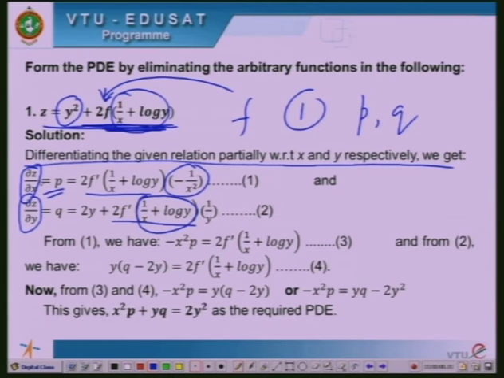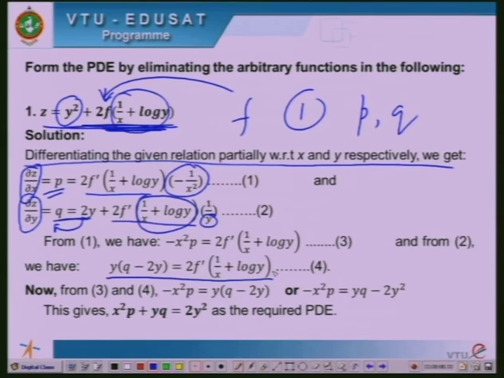So, you get minus x square p equal to 2 into f dash 1 by x plus log y, and from equation 2, for easy simplification, shift the 2y to LHS. So, you get q minus 2y, and then shift this denominator y to the LHS, which gives you y into q minus 2y equal to 2 into f dash of 1 by x plus log y.